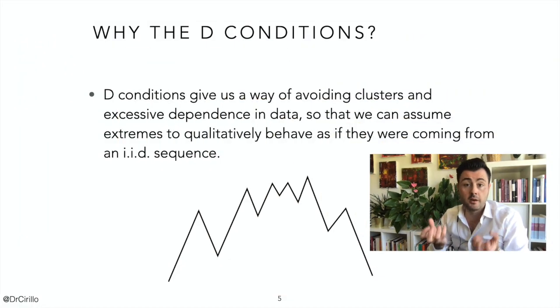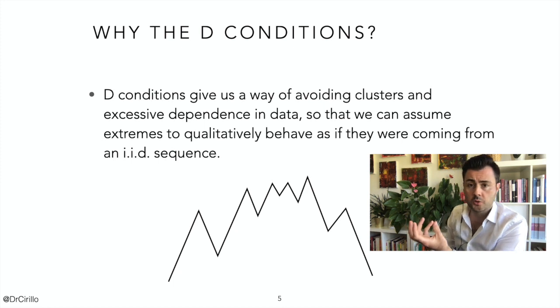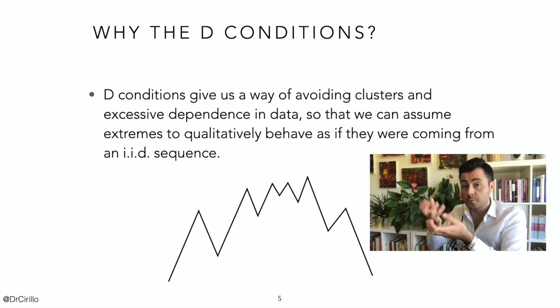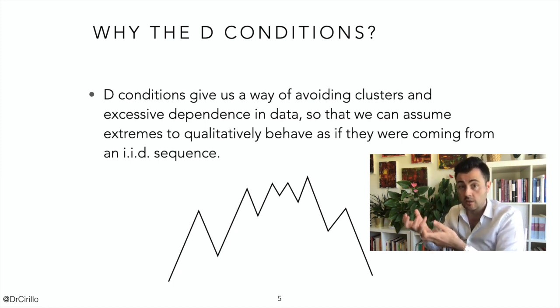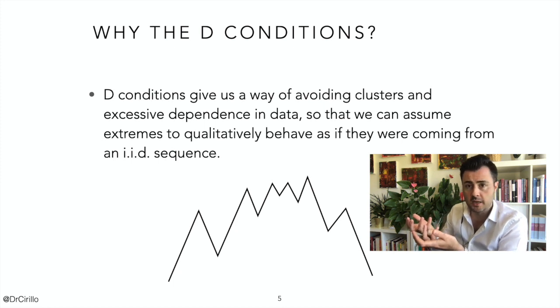The goal of the D conditions, D and D prime, is to avoid two main things in our data. The first is to avoid an excessive clustering of extremes. So, like in earthquakes, we know that if we have a very strong earthquake, very likely just before and after this very big earthquake, we will observe other earthquakes of important magnitude.